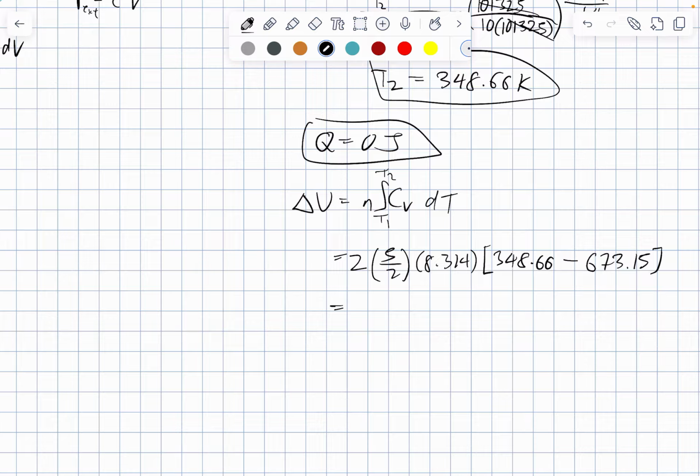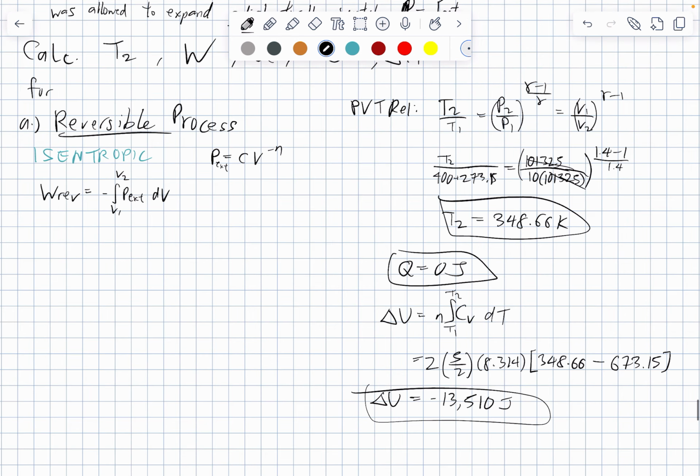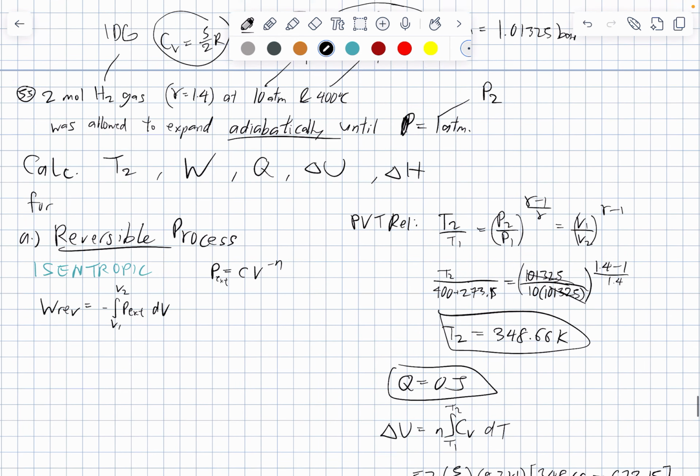Okay, so 5 times 8.314 times the quantity 348.16 minus 673.15. This is negative 13,510 joules delta U for an adiabatic process, no?